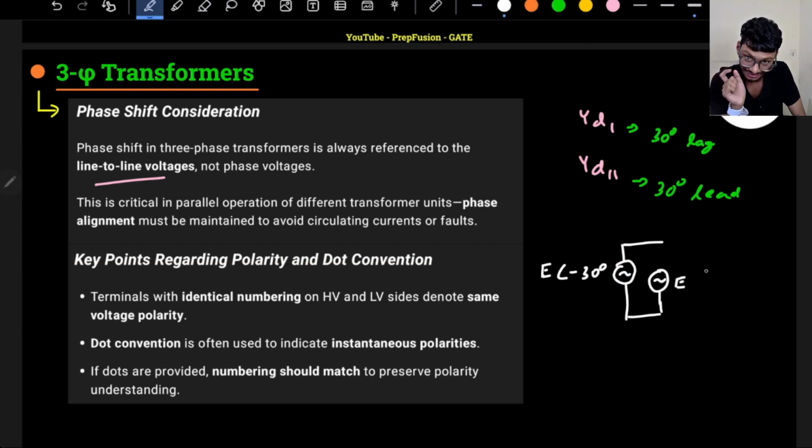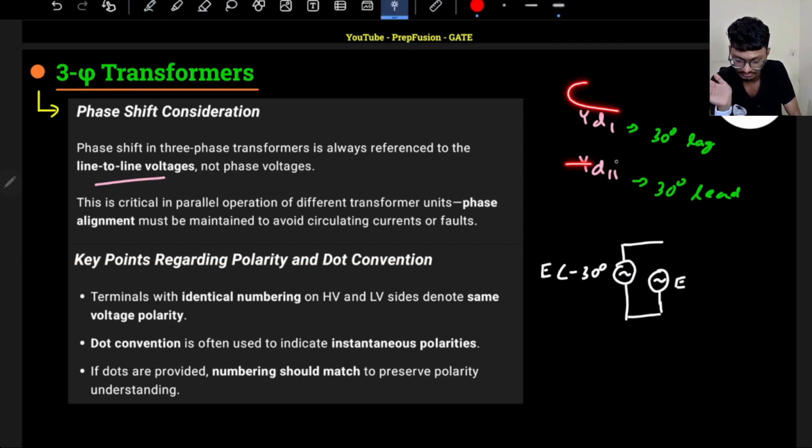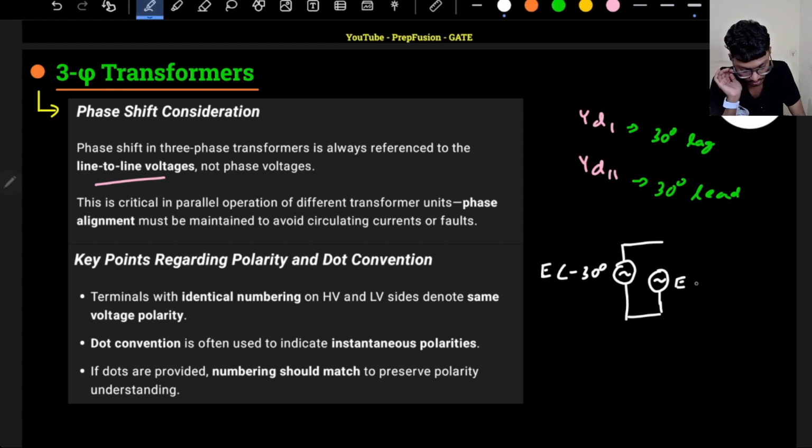The voltage magnitude is the same, because the turns ratio is the same, and the voltage ratings also will be the same. Let's assume this is transformer A, ZA, and this is transformer B, ZB. I'm just drawing the single phase equivalent, though it will be three phase, and this is the load.